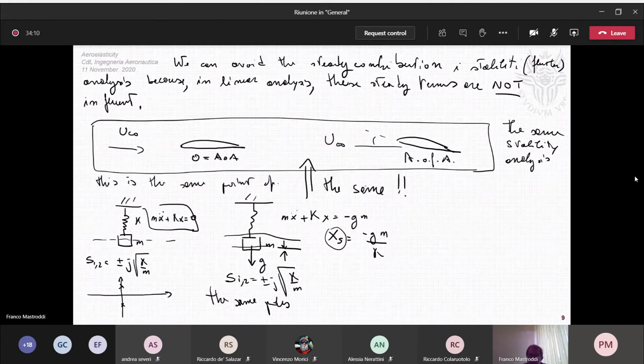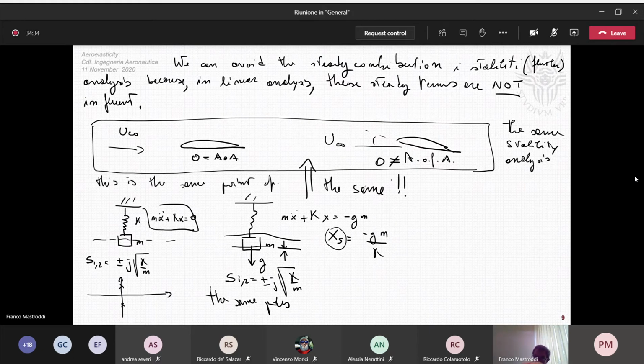But in the other case, when the angle of attack is not equal to zero, you have a not zero displacement solution, just like here, the displacement given by the weight, plus a vibration around the solution, okay?